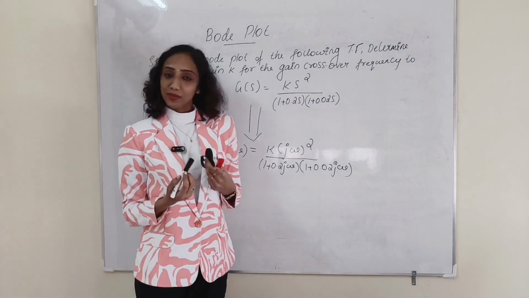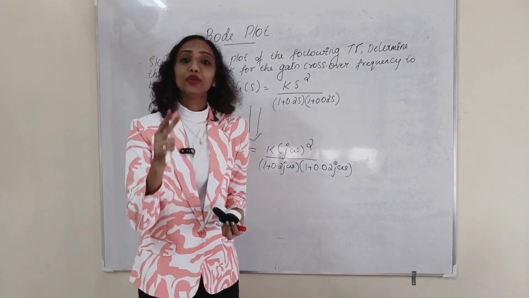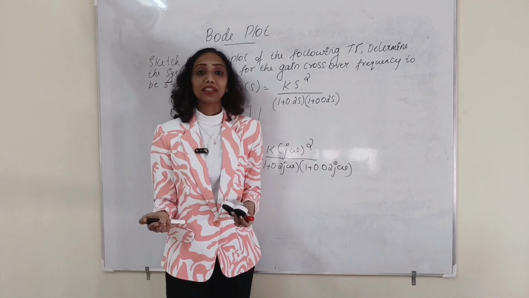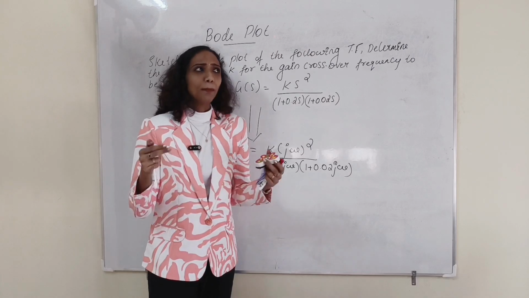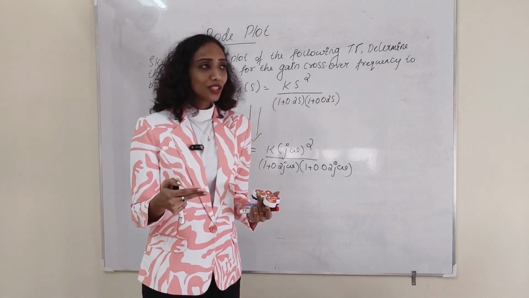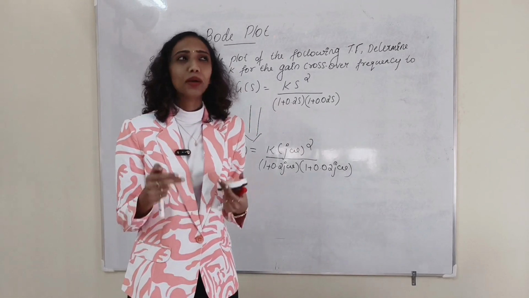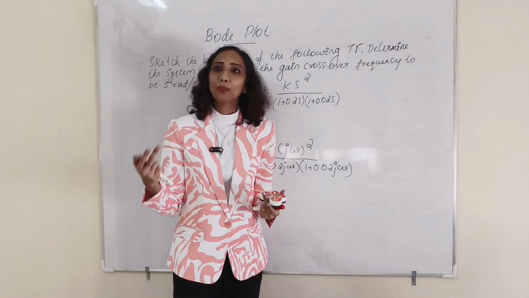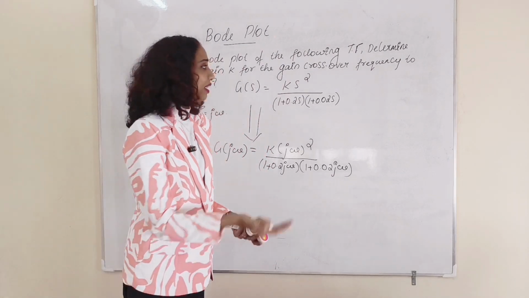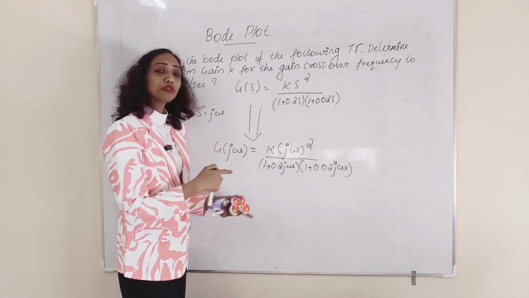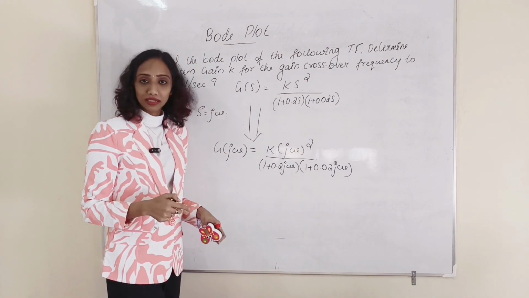Then, what is Bode plot? Basically, Bode plot can be classified into two types of plots: the magnitude plot and the phase plot. So, what is magnitude plot? Magnitude is a kind of gain or a distinct value, right? So from this, it is clear that we have to find the magnitude of this system.